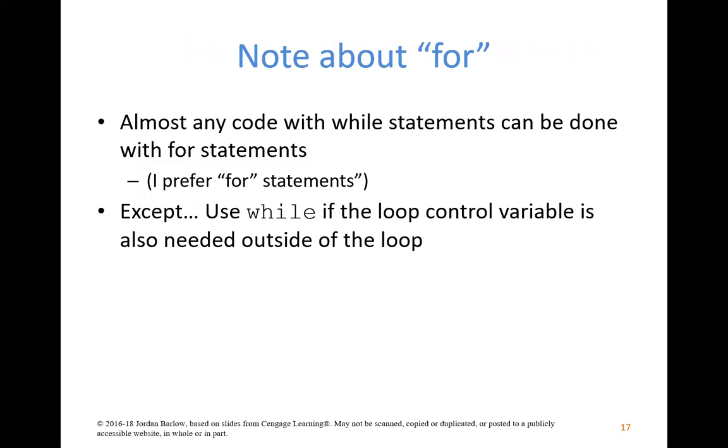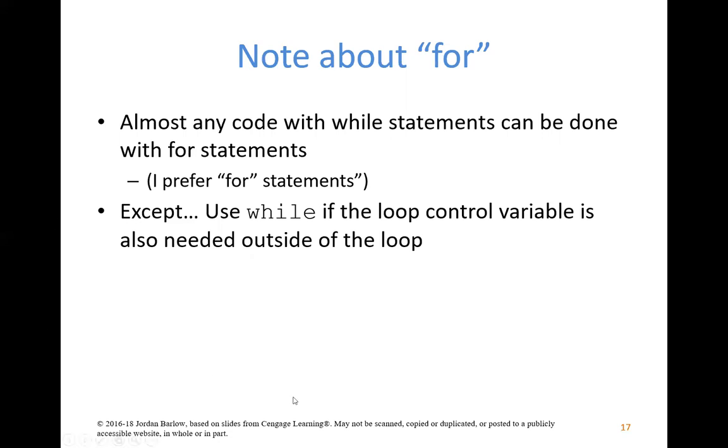The only time that you cannot use a for statement in place of a while statement is if the loop control variable is something that you need to use outside of the loop. Because in a for statement, as I mentioned, the loop control variable is just built into the loop, and outside of the loop, it has no meaning and you can't use it at all.